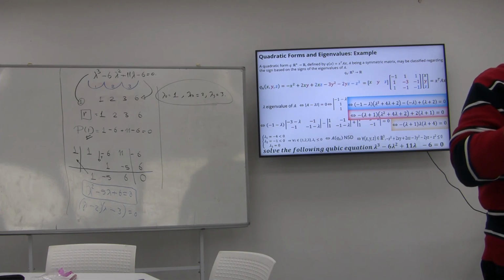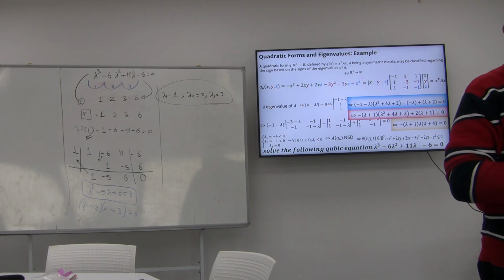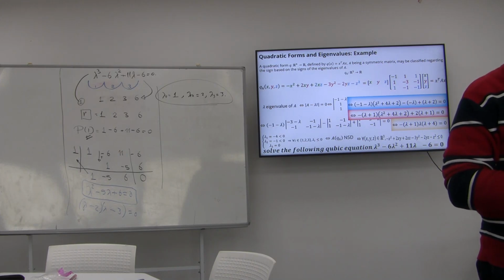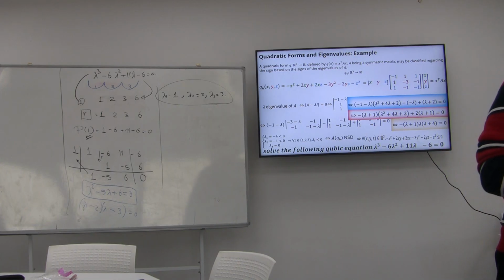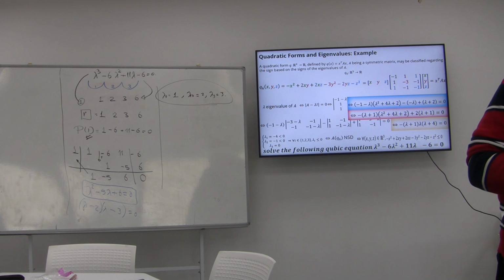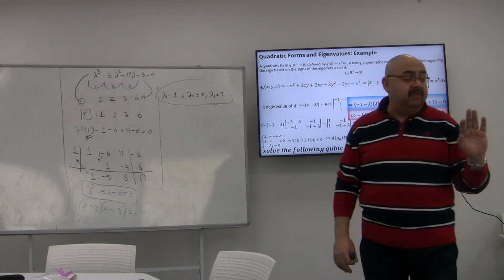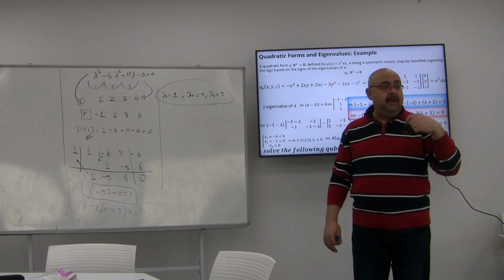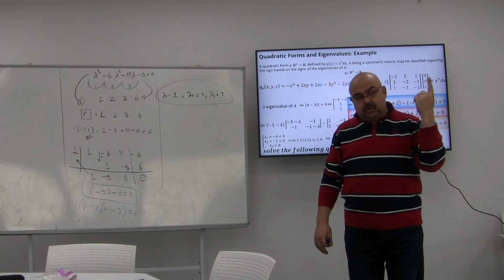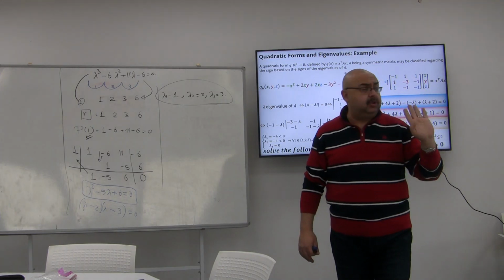That's a point in Descartes. Once more, Descartes' rule of signs: the number of positive roots is the number of alternations in sign in your equation, or less than that by 2. So Descartes' rule for this equation states that I may have 3 positive roots, or I may end up having just 1 positive root. Bottom line, I will have 1 positive root.